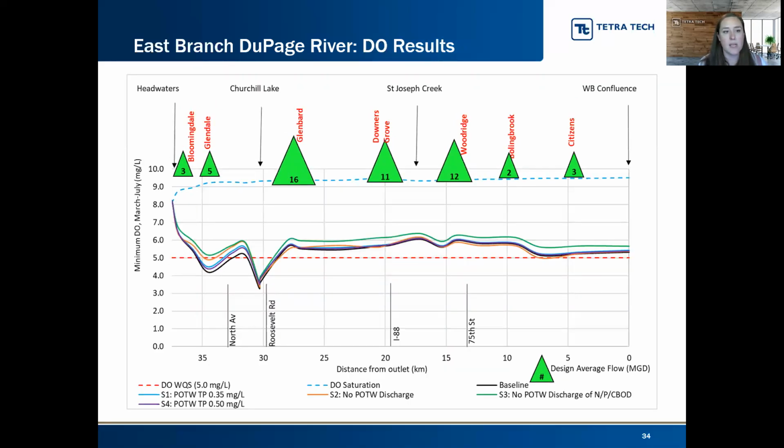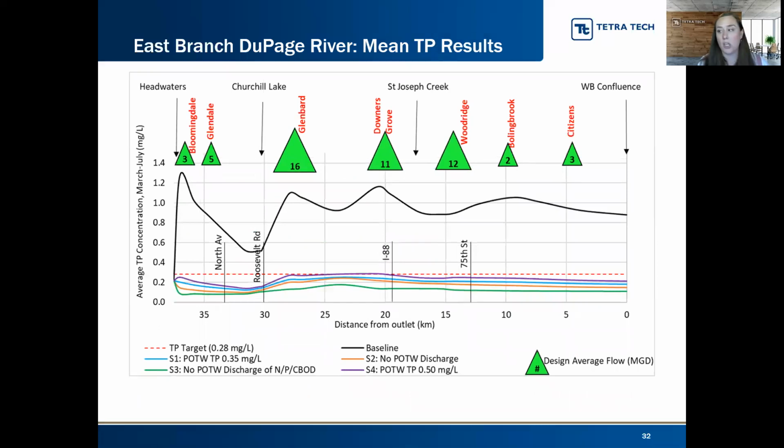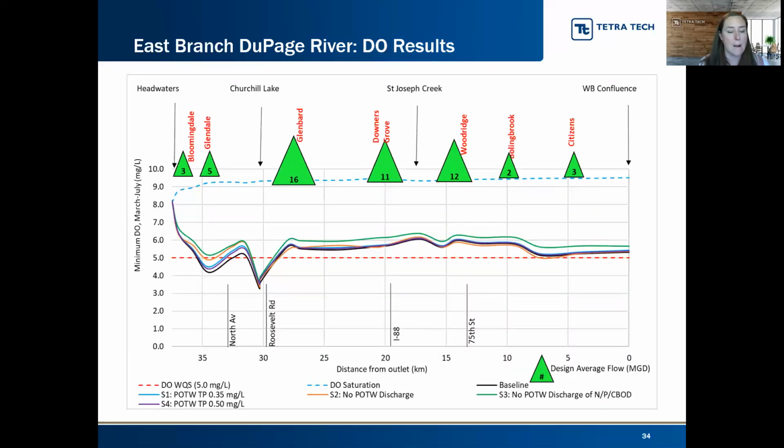Okay, so this graphic now shows the relative impact of that same suite of scenarios on minimum dissolved oxygen during that period. Looking back, we can see obviously a huge change in phosphorus concentration, as expected, from this 90% load reduction from our plants.